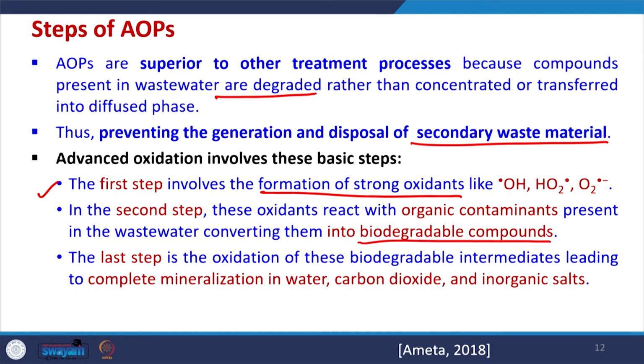So, it is possible that we can use these ROS to convert the recalcitrant pollutants into biodegradable compounds. In the last step, the oxidation of these biodegradable intermediates leads to complete mineralization into carbon dioxide, water, inorganic salts, etc. So, this is the last step.